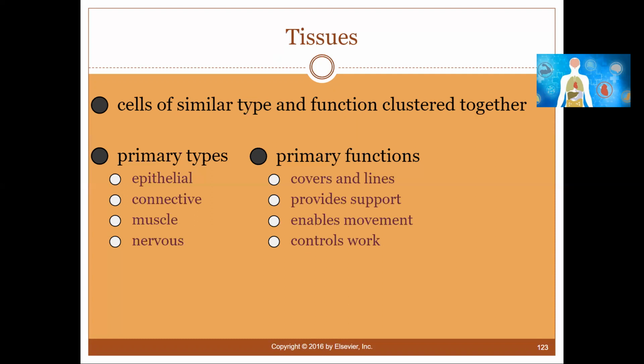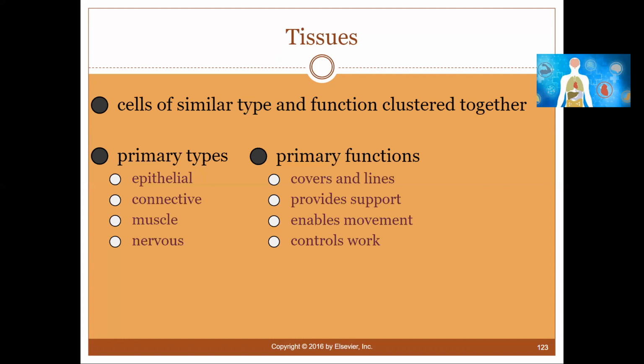Epi, you may recall, as a prefix means upon something. Epi means upon. Connective is next, and then muscle, and then nervous. I'll go into details about each one of those as we go.